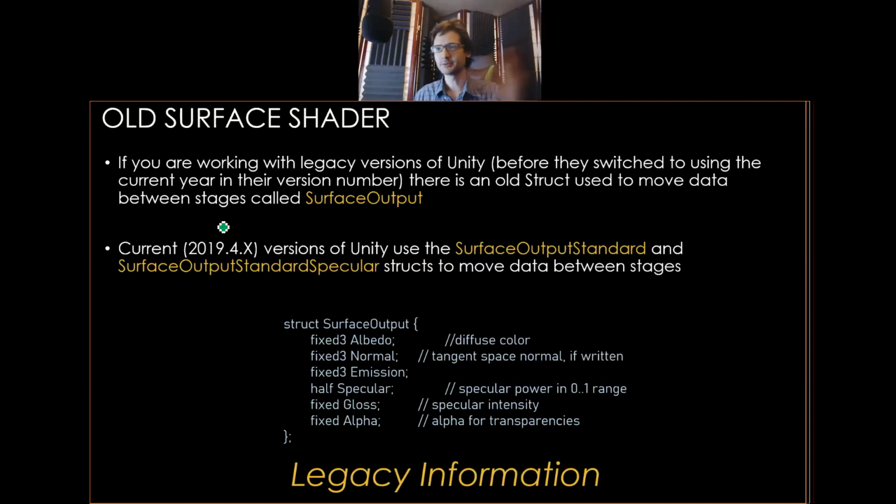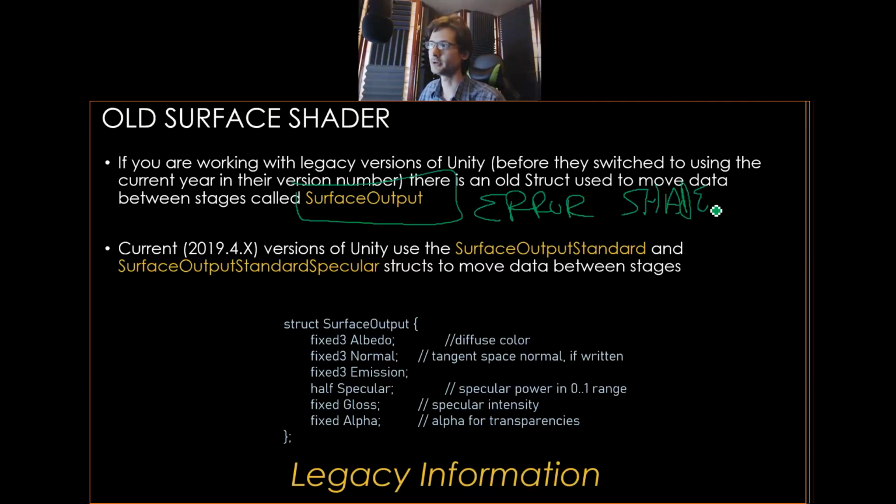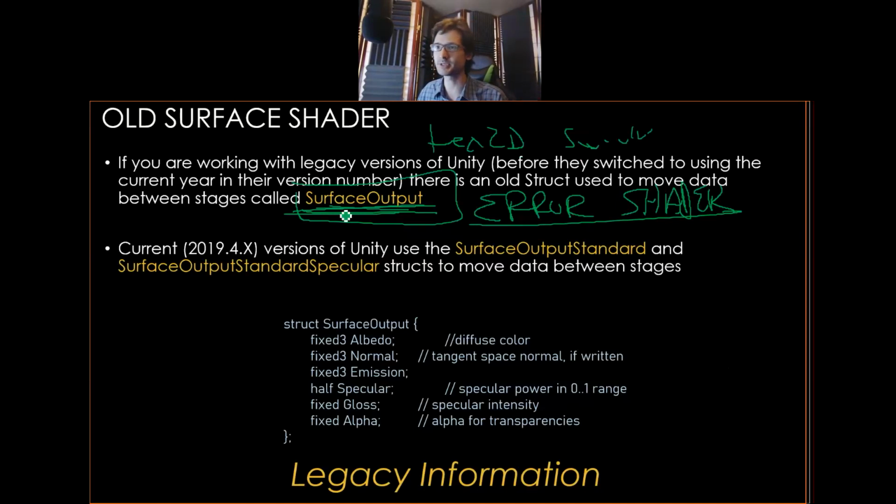So like I mentioned very briefly, the old surface shader exists. Just be careful. This is going to be a reason you get errors in your shader. I'm going to tell you right now, you're probably going to go online. Maybe you'll copy a couple lines of code, and then you'll get this error like not expecting surface output, expected a texture 2D or sampler 2D or something else instead of this particular thing.